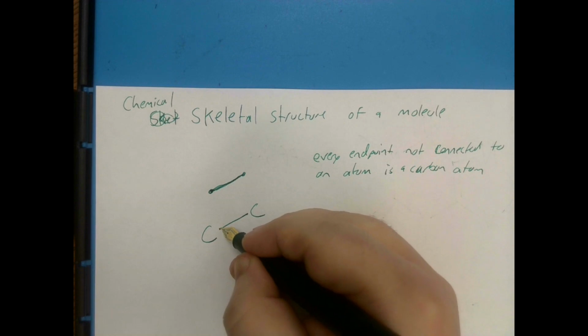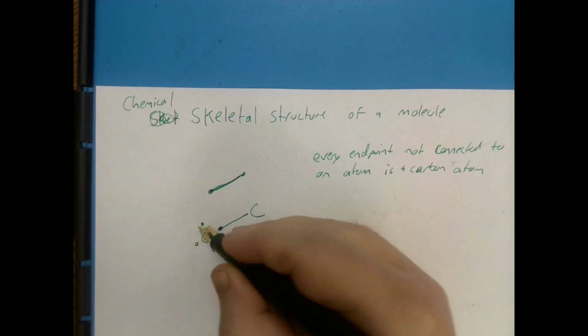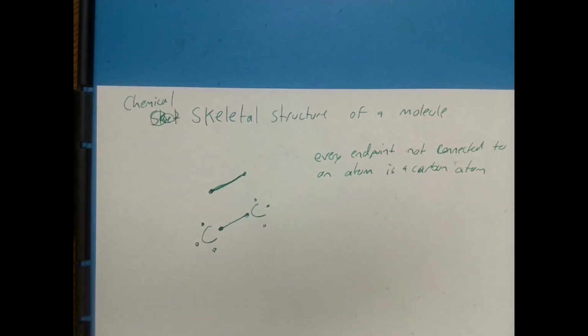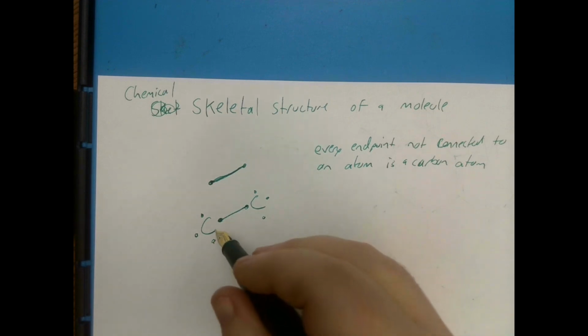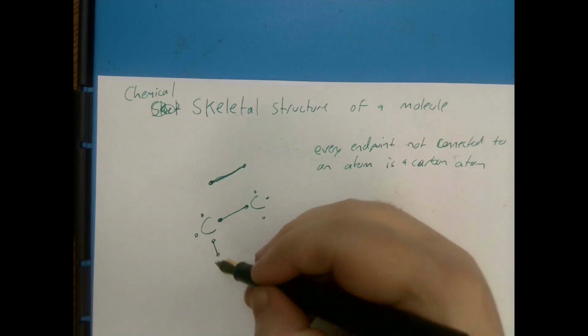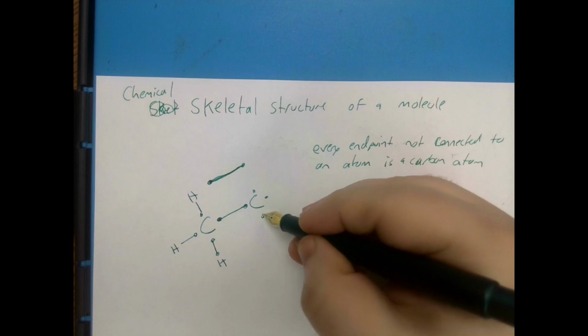So let's add the valence electrons. 1, 2, 3, 4. Carbon has 4. So to complete the octet rule, we're going to add in hydrogen.